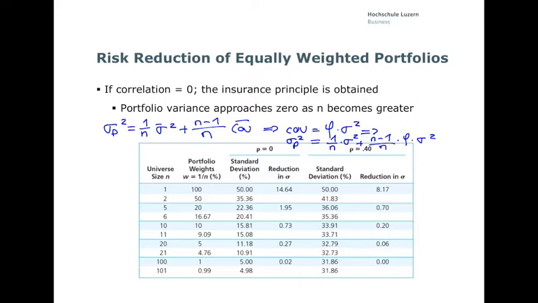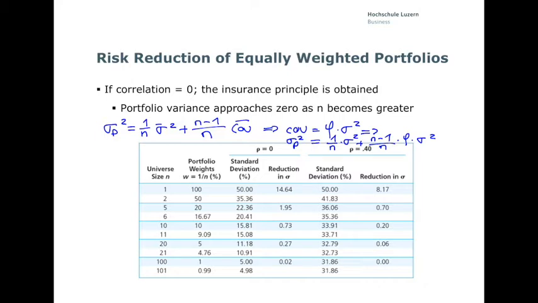In the table, as one would expect, standard deviation gets smaller as we include ever greater numbers of securities in the portfolio. We have two cases: correlation 0 and correlation 0.4. As one would expect, portfolio risk is greater when correlation is equal to 0.4 versus correlation of 0.